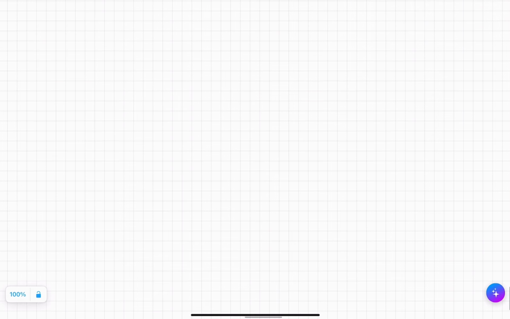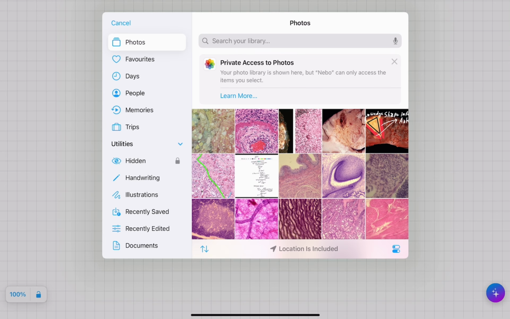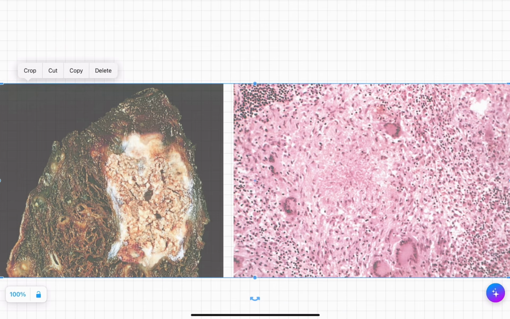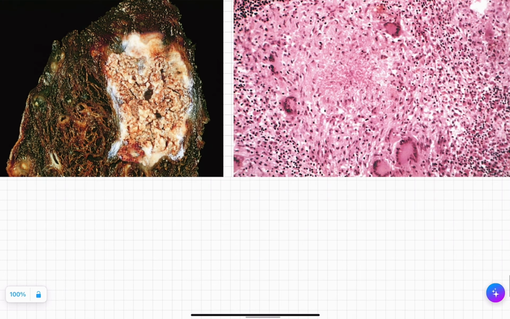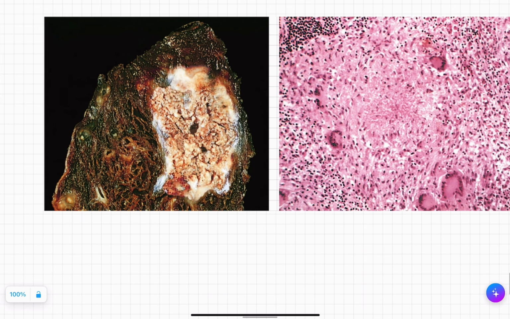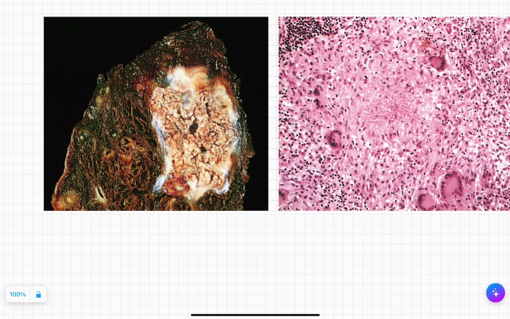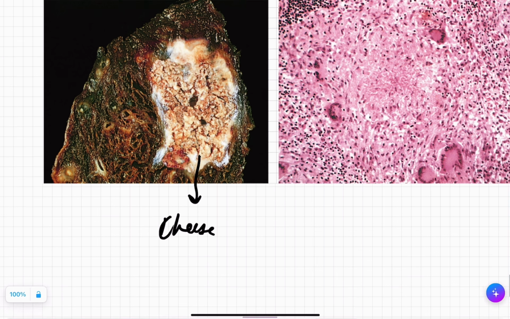Let me show you the photograph. It might not be so appetizing when you go to have pizza, because does it resemble cheese? Answer is yes.